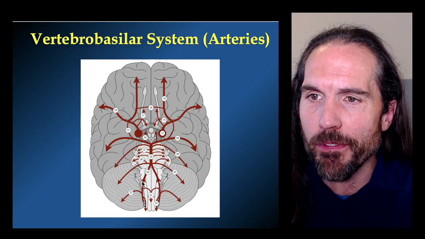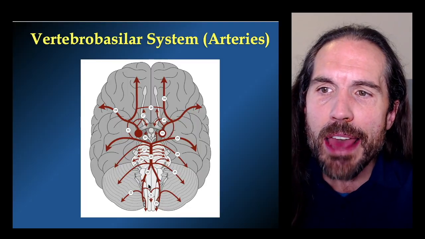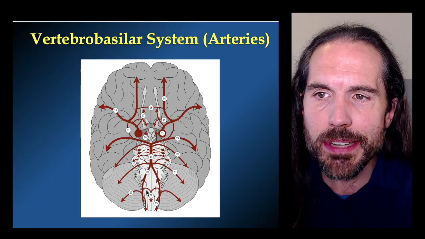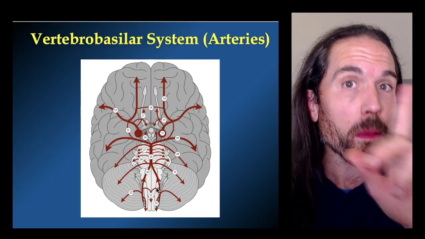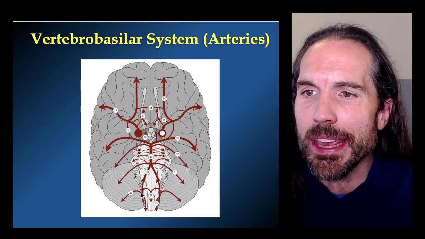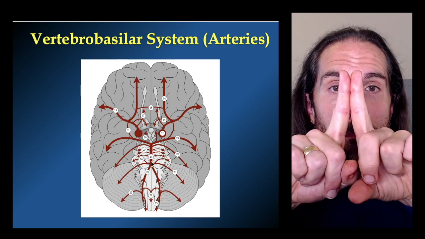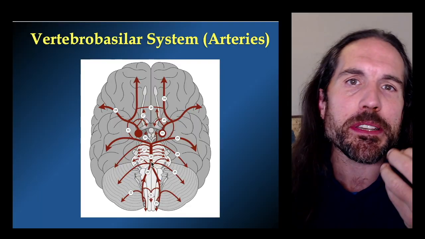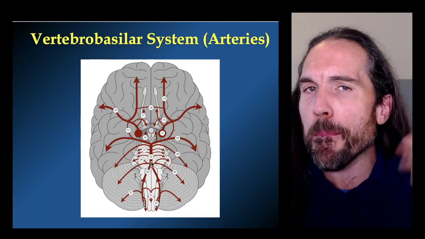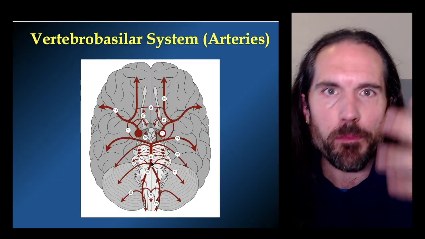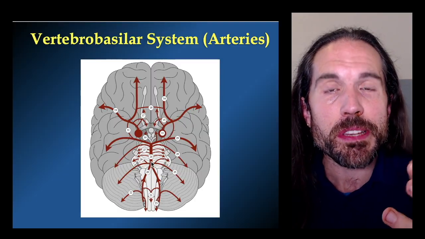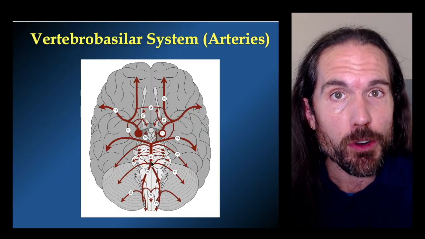This is coming up from the spinal column here, and then along the front of the brain stem right here, called the medulla, we'll come back there because it's important, they combine and unite to form this basilar artery, which in turn supplies blood to the back part of the skull, parts of the middle part of the brain, and also all the vital life systems that keep you alive in the first place.